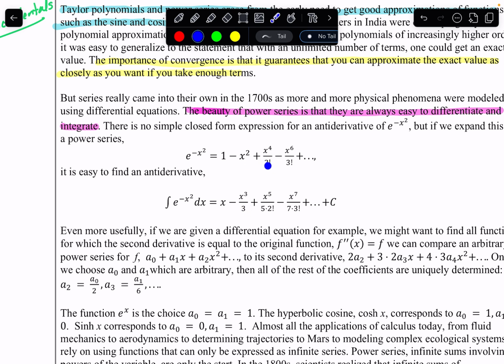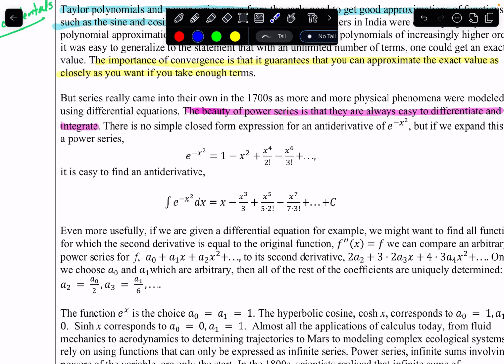And remember, 2 factorial is just a number. So 2 factorial is 2, and whenever I integrate, I multiply by 1/5, I still have the 2 factorial. So factorials represent numbers, so you can get an expression for the antiderivative of this without getting its closed form expression, which is interesting.